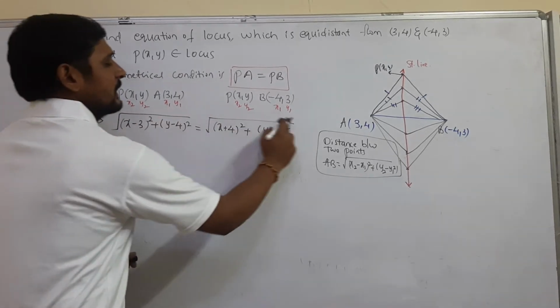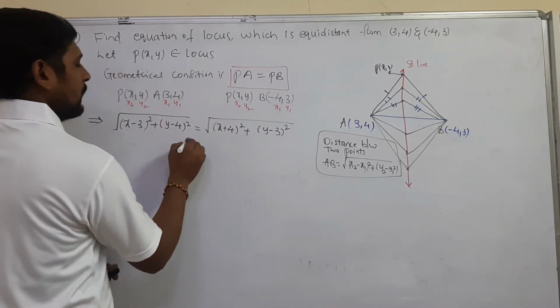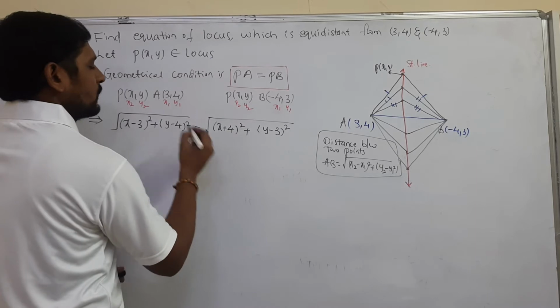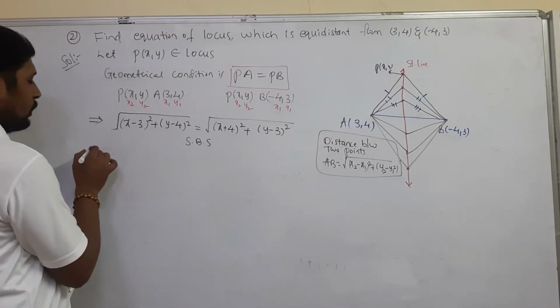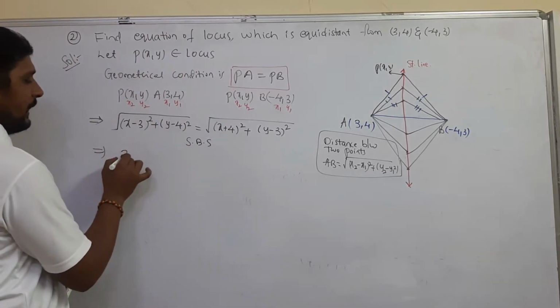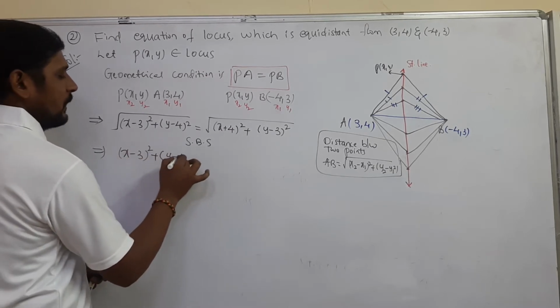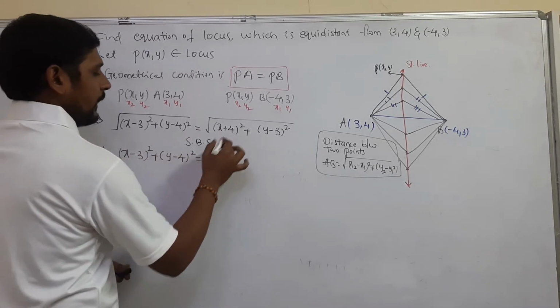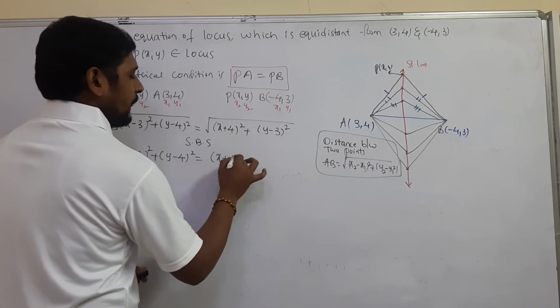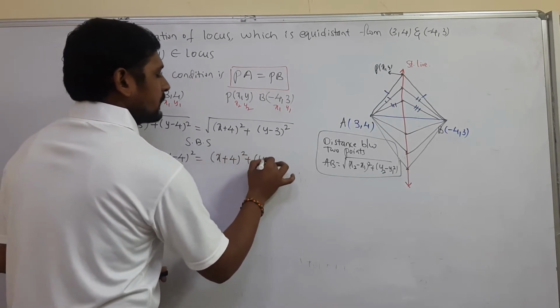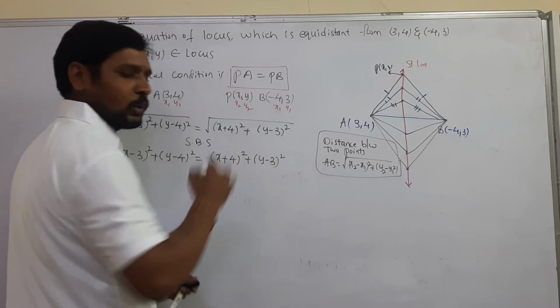Again we have square root on both sides, so simply square on both sides to eliminate the square root. So the square root is eliminated. What is remaining? (x minus 3) whole square plus (y minus 4) whole square is equal to (x plus 4) whole square plus (y minus 3) whole square.